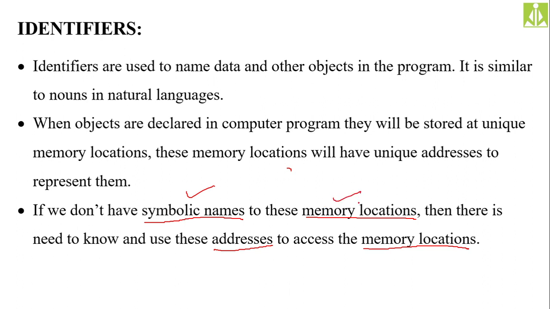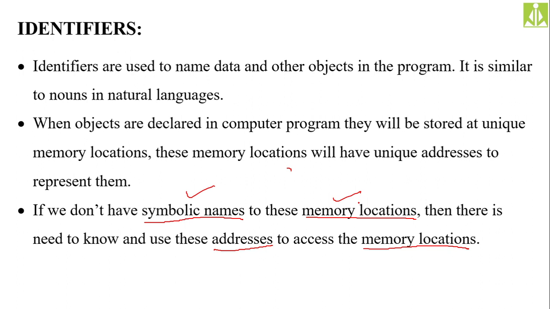Remember this one. Identifiers are helpful in naming the objects in C language, and using those symbolic names only we can access the memory locations in your C program. If there is no concept of identifiers, how can we access the memory locations? Only with the help of memory addresses.